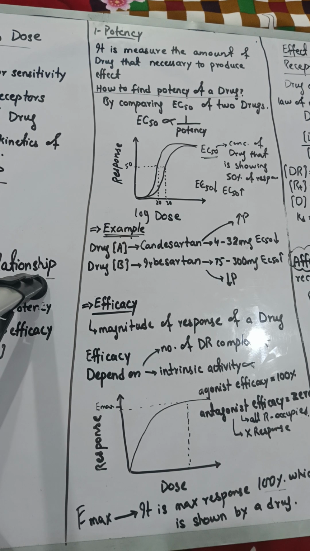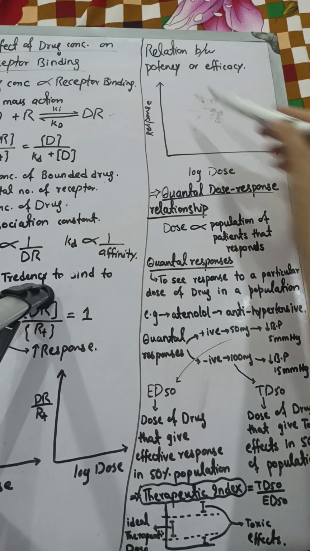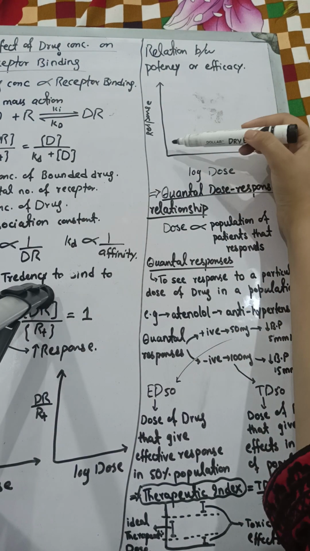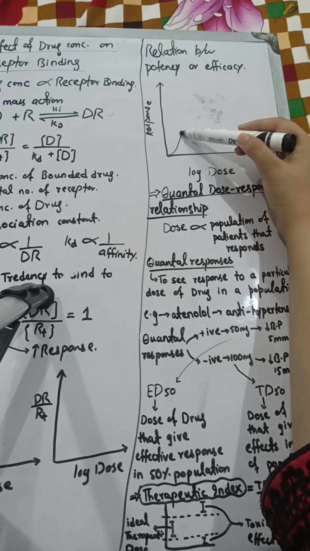We will also study the relationship between the potency and the efficacy. Here I am going to show the relationship between potency and efficacy. Let's suppose I am going to draw three drugs here.